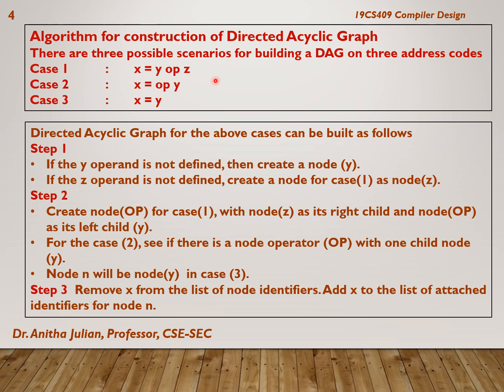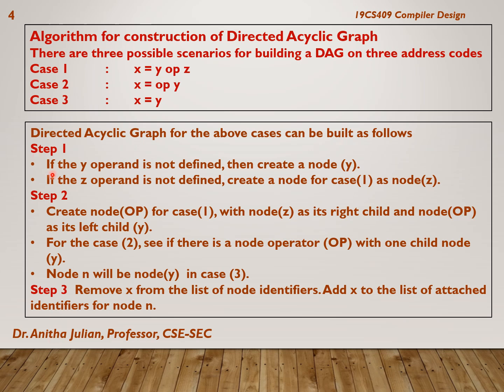So we have three variables here and one operator. Or we can have case 2, wherein we have only one operator and one operand. Or it can be simply an assignment statement. If it is an assignment statement, then we may not be using a new node at all. Only one node will be there. We won't be drawing a big diagram.